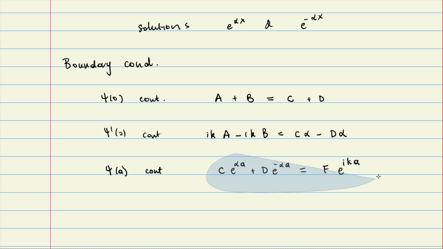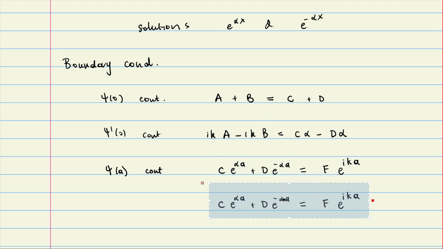And when I take the derivative, I'm just going to pull down these factors: this is going to be alpha, there's minus alpha, and there'll be ik here.